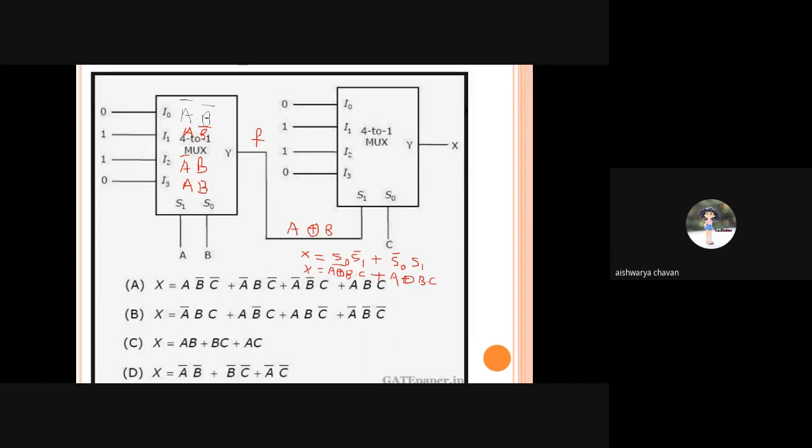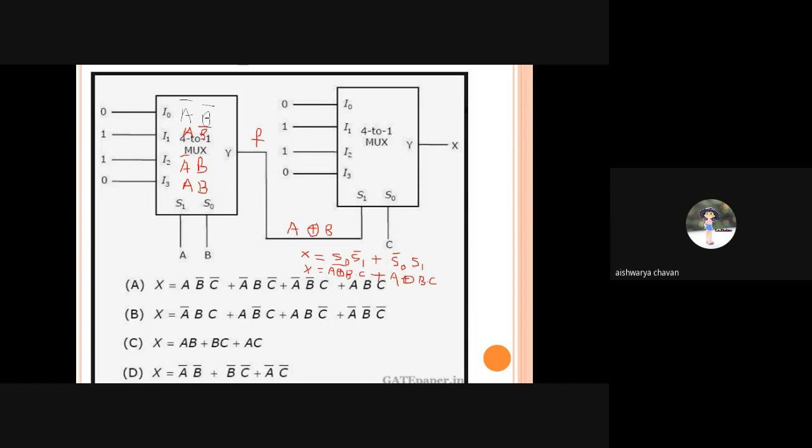Now see what you will get at the output X. For this, I1 is 1 and I2 is 1.